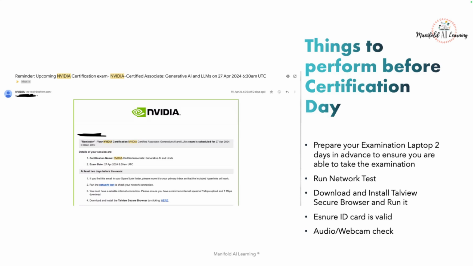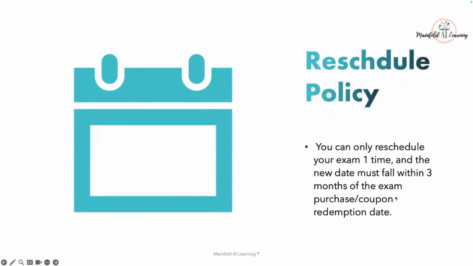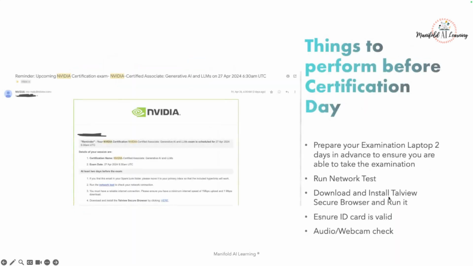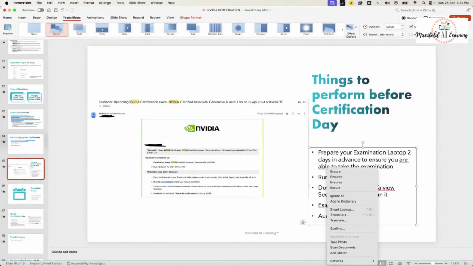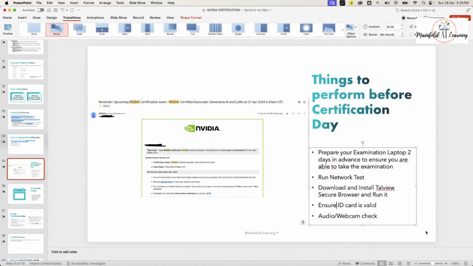Run the network test on your system, download and install the Talview secure browser and run it to see whether everything is working, and ensure that the government ID you have is valid. Also check whether the webcam is working. Do this check not on the day of the examination, but 2 days before.